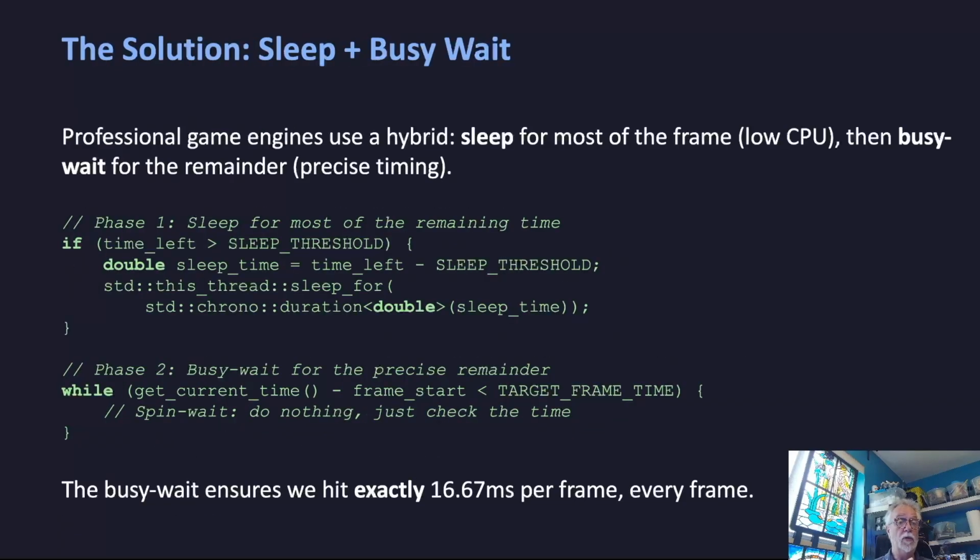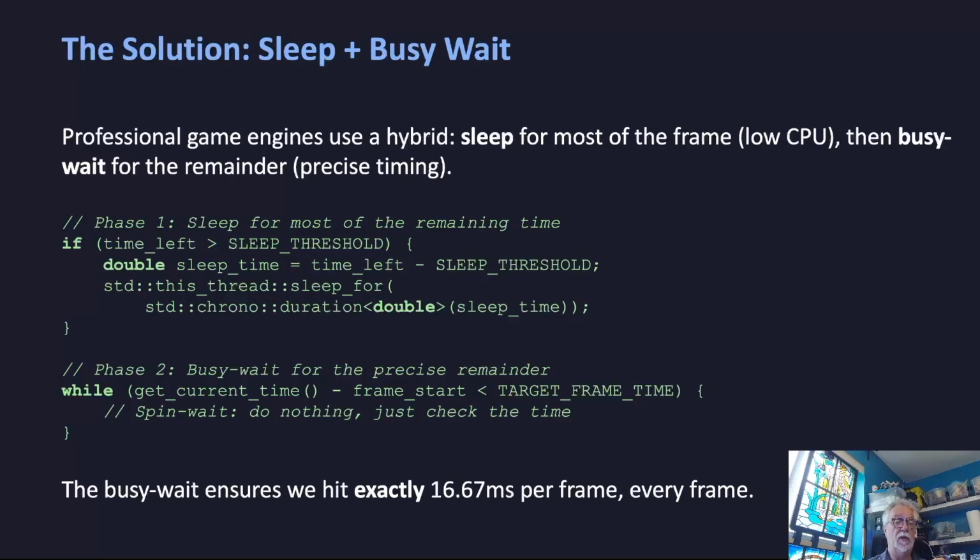What we do is we use a combination of sleep, which is an inexpensive way to wait because the CPU scheduler just puts us to sleep. And then we're going to come back and we're going to have enough time so that we can precisely end at 16.67 milliseconds, and we're going to busy wait.